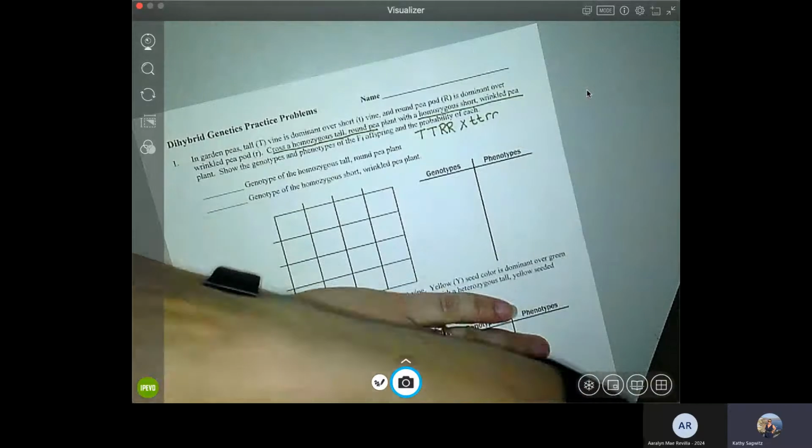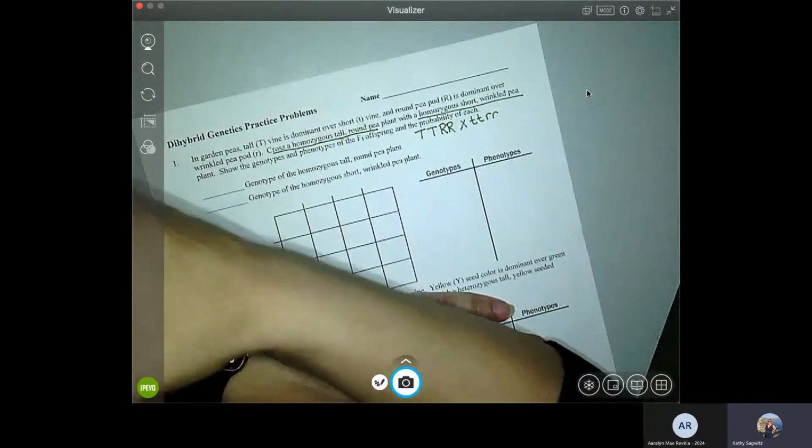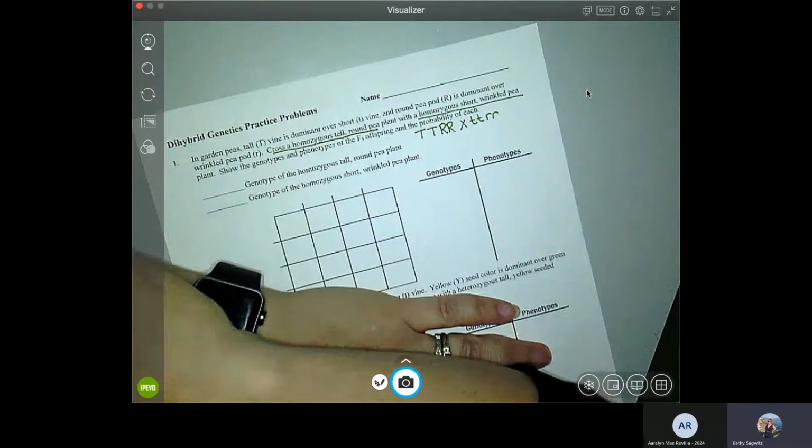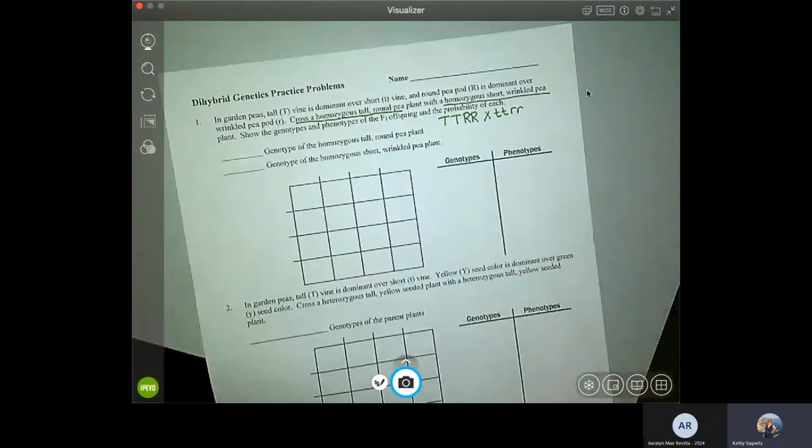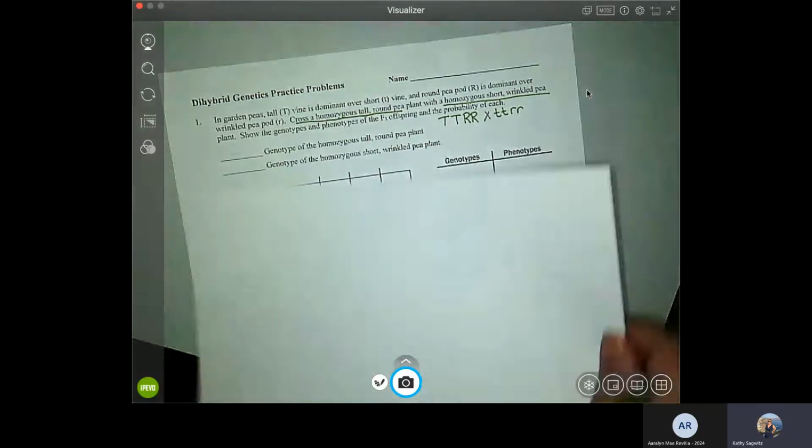Now this one is different than what we did before, okay? With this one, we need to figure out what is called our gametes. Gametes are your sperm cells and egg cells. We have multiple things that can be passed on here and multiple things that can be passed on together. So we need to work this out a little bit before we fill that in.